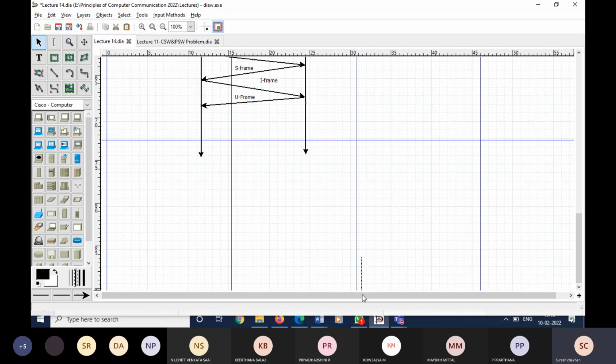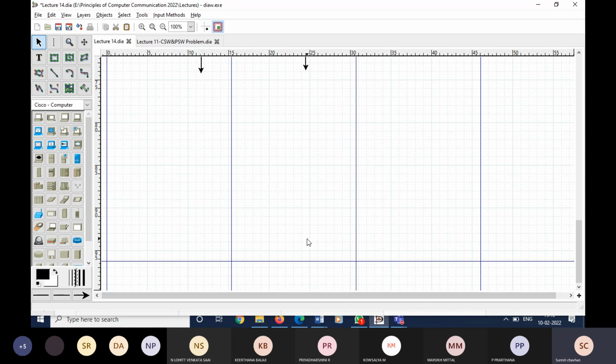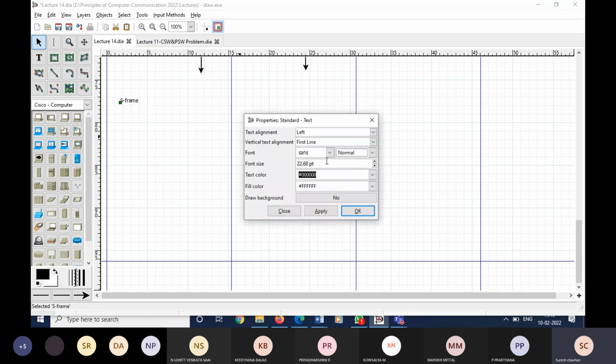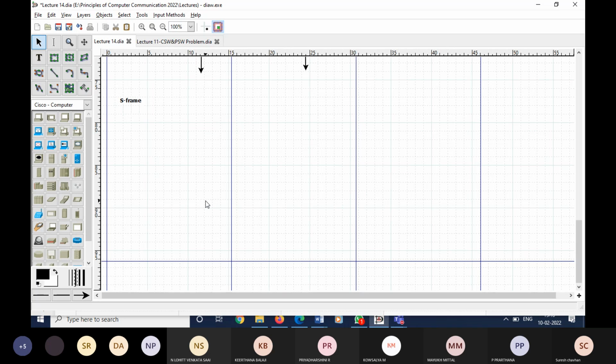Okay, I'll give you one more example with respect to the control field, especially the S frame, because in the S frame I have different kinds of operations. So I'll give the example with this.